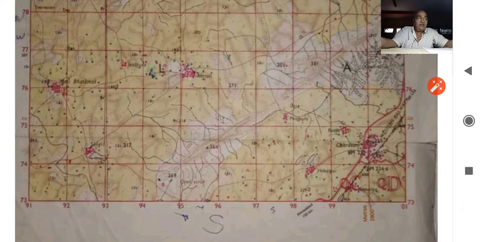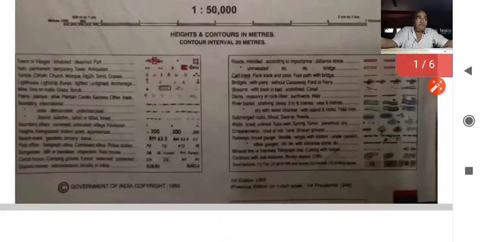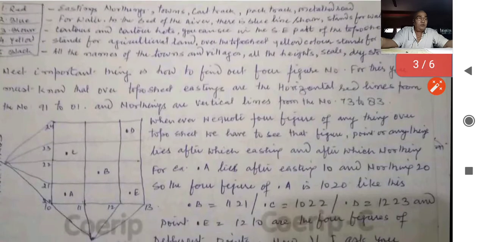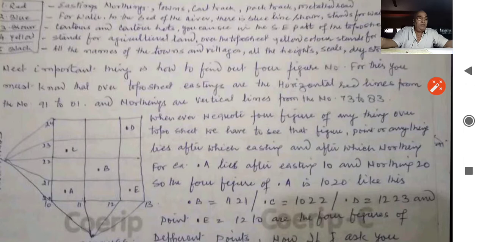Below this we see in the box all the symbols and signs are given. You can study them in your book in topography chapter. You can study them and you can learn them. They will help you to understand the topography well.